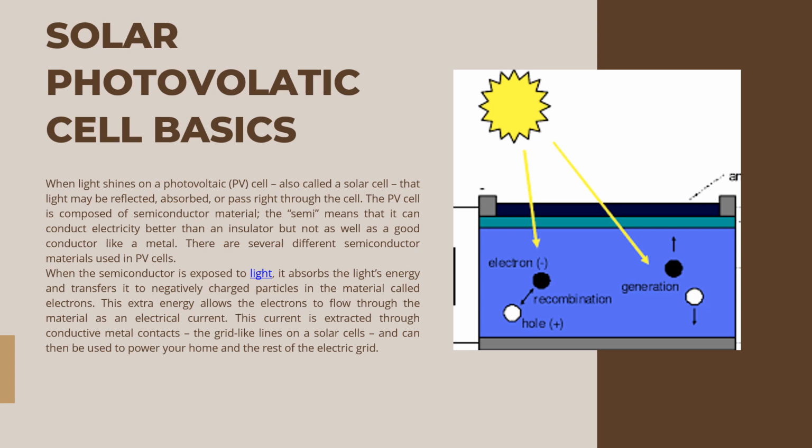There are several semiconductor materials used in PV cells, and when the semiconductor is exposed to light, it absorbs the light energy and transfers it to negatively charged particles in the material called electrons. So that's basically how the solar panel works with the help of a semiconductor.